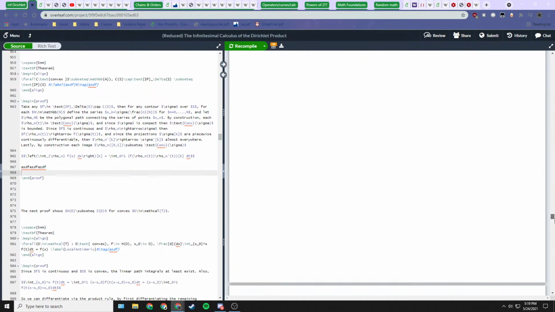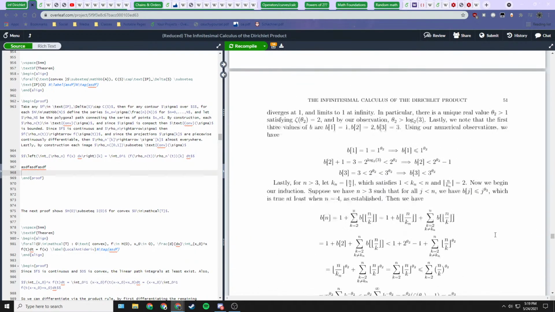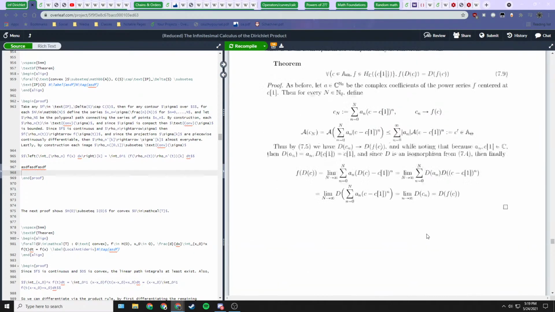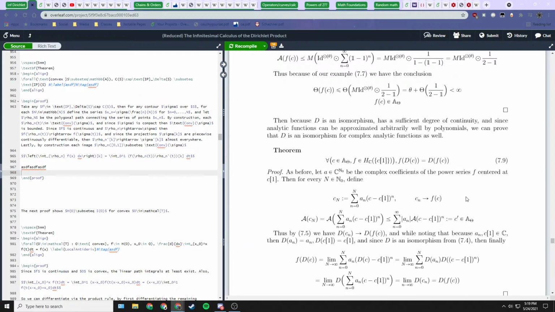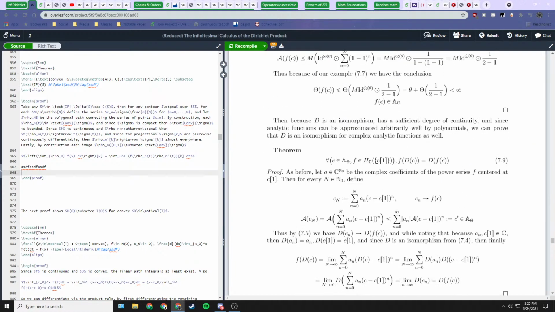So one of the eventual results we use is down right here. It's reliant on a whole bunch of other things, but essentially the result is saying that if you have a complex analytic function, it's complex analytic at a point in our space A, and in fact it's bounded, this A sub theta.